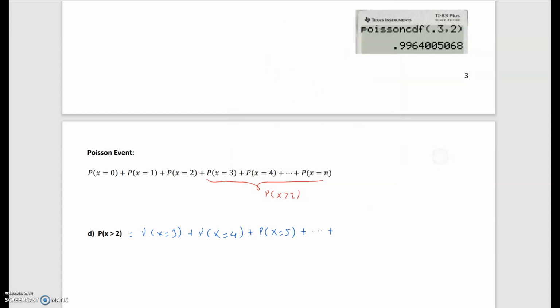Now, because you're having a distribution, the sum of all of these, so this is the sum of p of x, they have to equal 1. So in this case, it's just easier to evaluate the complement. And the way to evaluate the complement is by evaluating 1 minus the probability of x is less than or equal to 2.